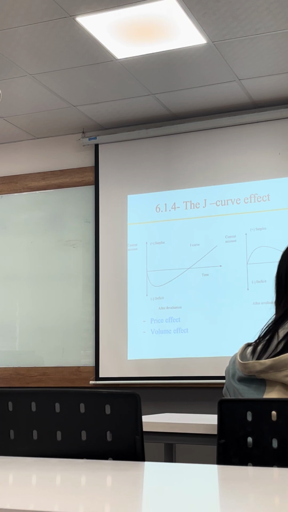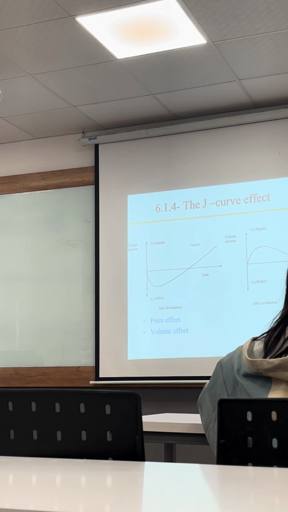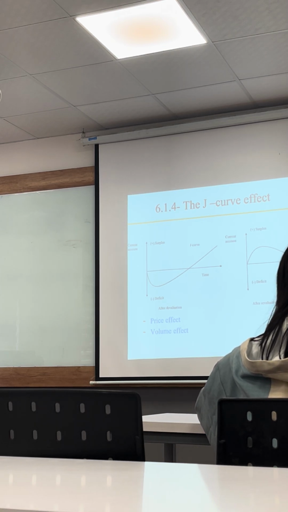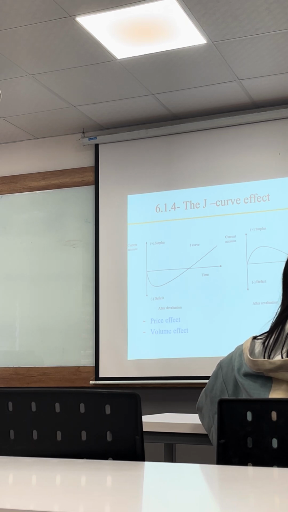So at the beginning, the volume effect is smaller than the price effect, or in other words, the volume effect can't compensate for the price effect. That's why the trade balance is in deficit. And then after some months, usually after 6 months, the importer and the exporter adapt to the exchange rate.